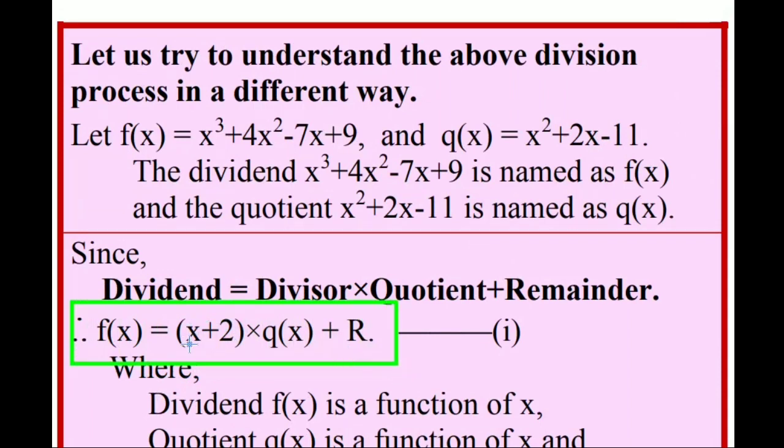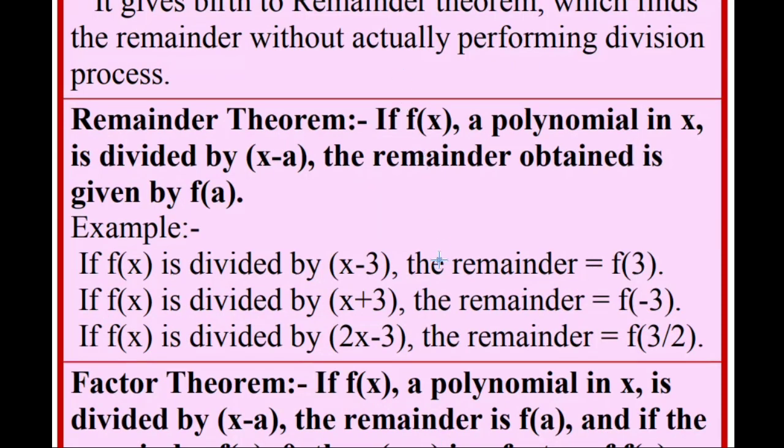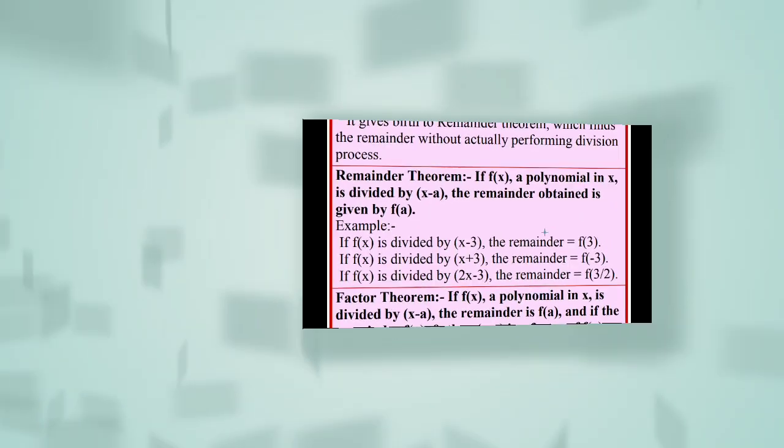So in this equation, if we make this divisor x plus 2 zero, then at the right hand side only r survives. So we can find out the remainder when a polynomial is divided by one expression without performing division.